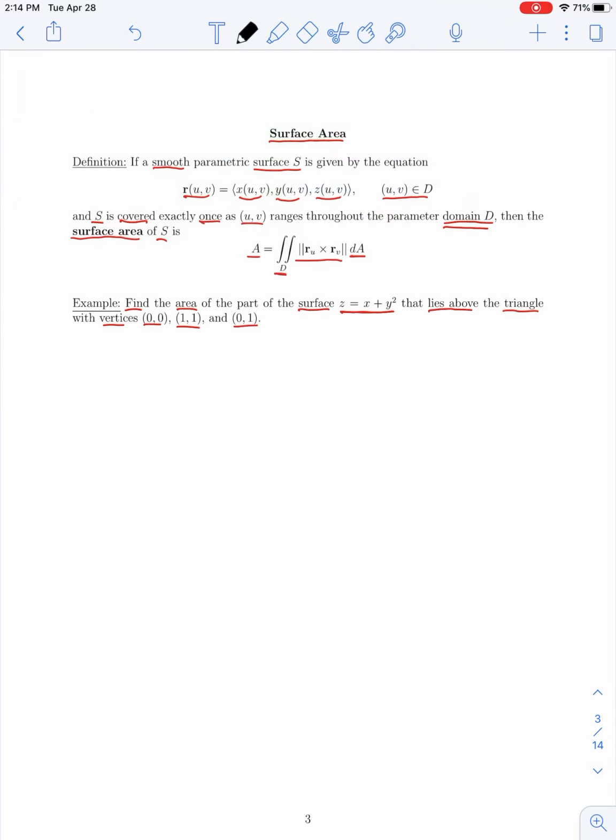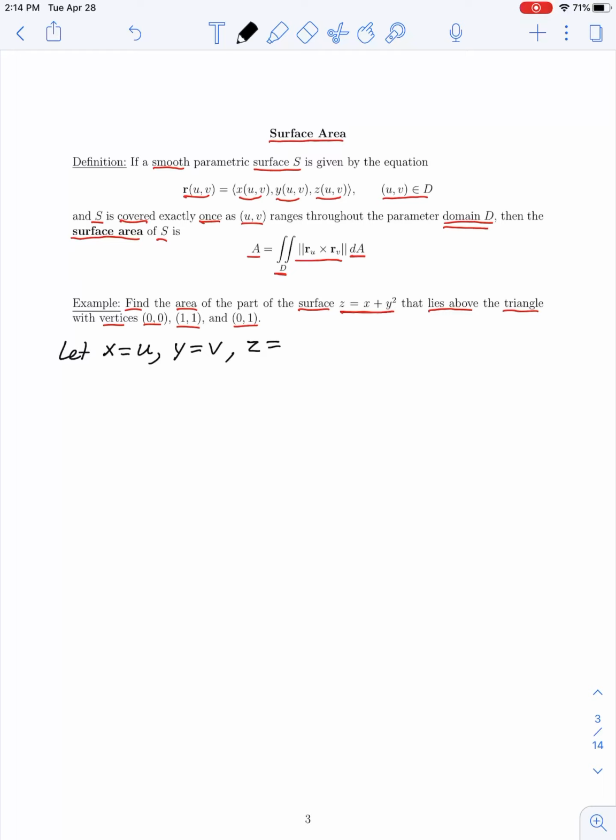So our first step here will be to parameterize this surface. As we saw in our earlier example, if our surface is the graph of a function of x and y, then an easy parameterization is to simply let x be equal to u and y be equal to v, in which case z is then just the function in terms of x and y.